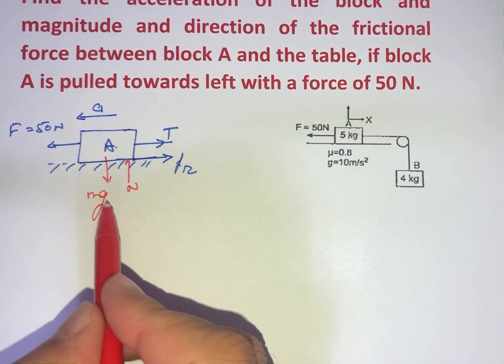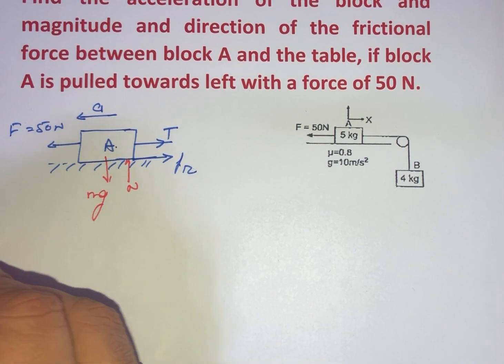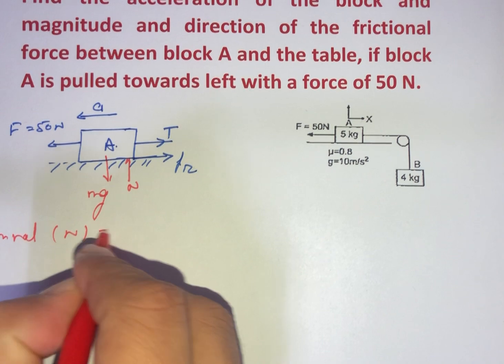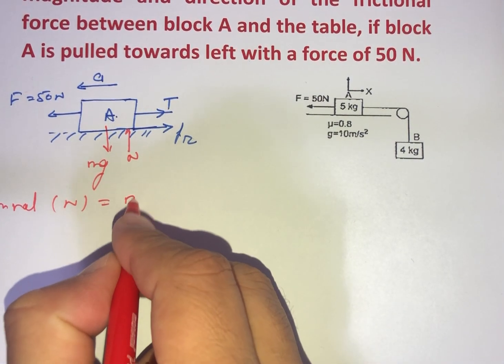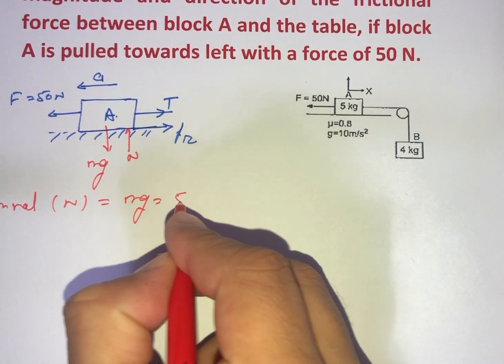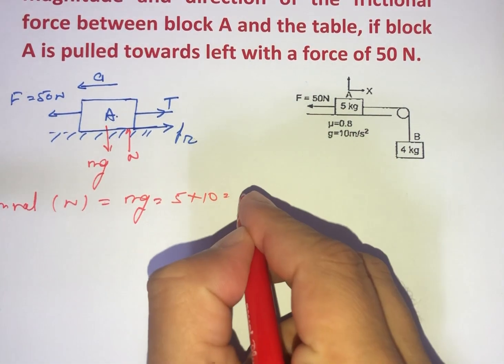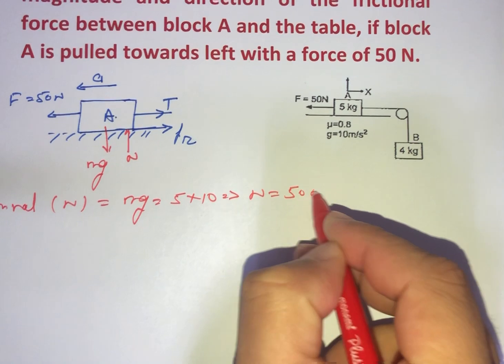Mass is given as 5 kg and g is 10. So normal N is equal to mg, mass is 5, g is 10. This gives us normal will be equal to 50 Newton.